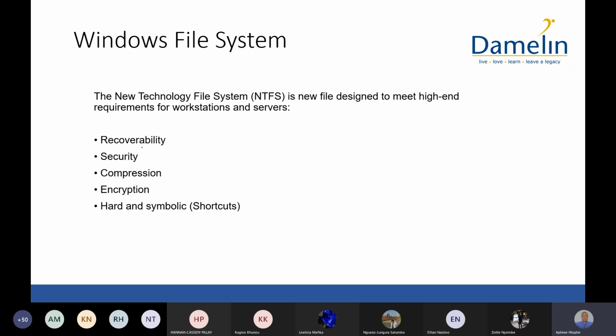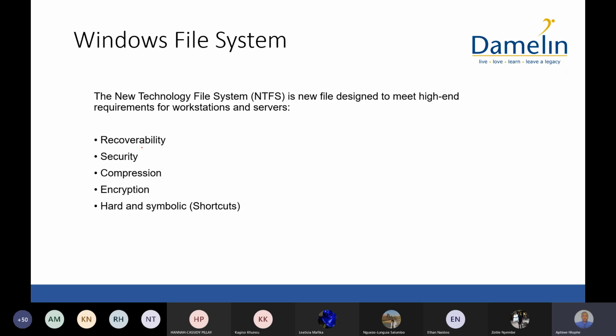NTFS can also ensure encryption. Okay, so files can be encrypted, especially important system files, and also hard and symbolic links, which is another term that we normally use in Linux to refer to shortcuts. So one file can represent another file.